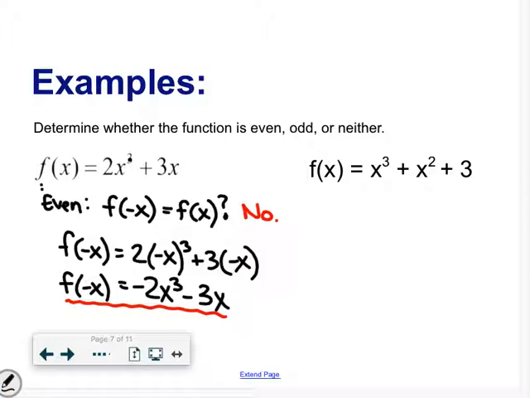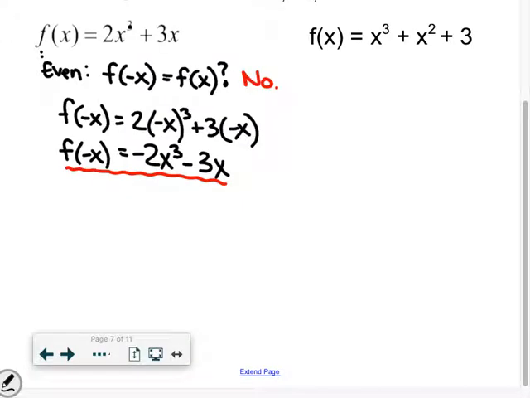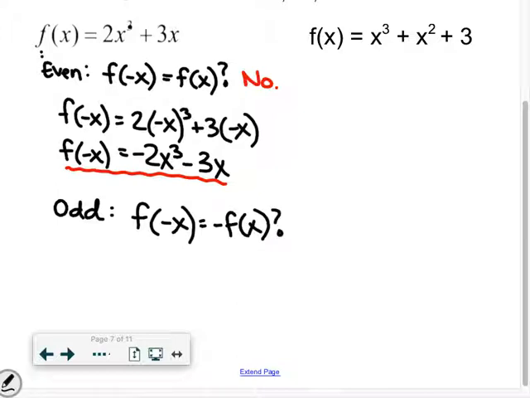Now I can test for odd. To do odd, the nice thing about this is the odd check is if I put in negative x, do I get out negative y? So you already know what f of negative x is, right? It's negative 2x cubed minus 3x. You've done the work. Now you just have to figure out what negative f of x is.